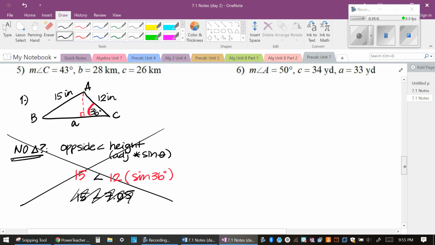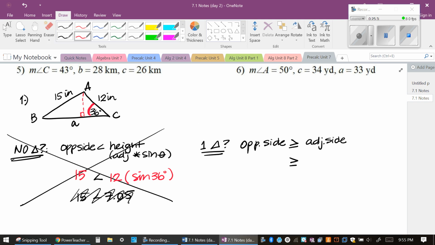So now I'm going to ask myself, is one triangle possible? The rule for that is to check if the opposite side of theta is greater than or equal to the adjacent side of theta. Here's my theta, 36 degrees. I look at the opposite side, that's 15, and see if it is greater than or equal to the adjacent side.